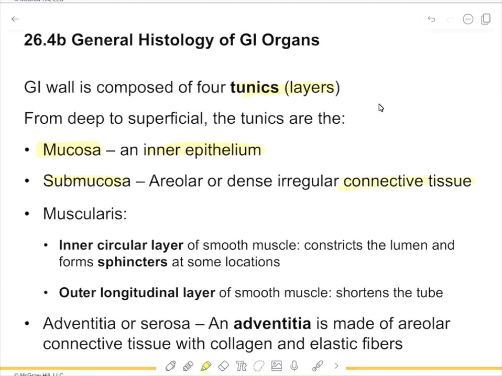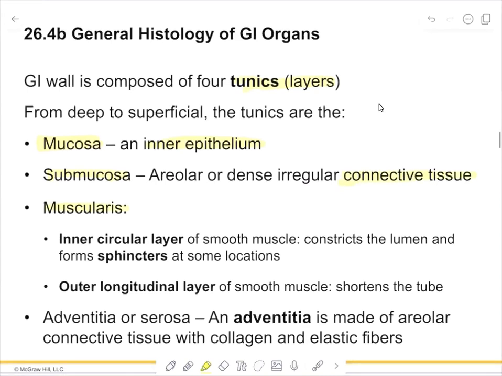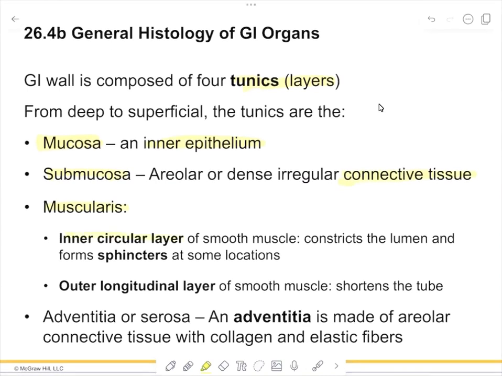The third layer is the muscularis layer, which is an inner circular layer of smooth muscle. This circular layer of smooth muscle is going to constrict the lumen and form sphincters at some locations.